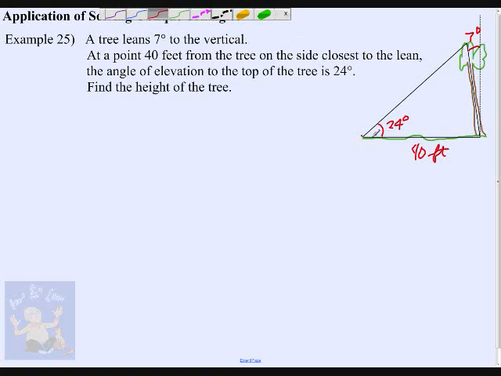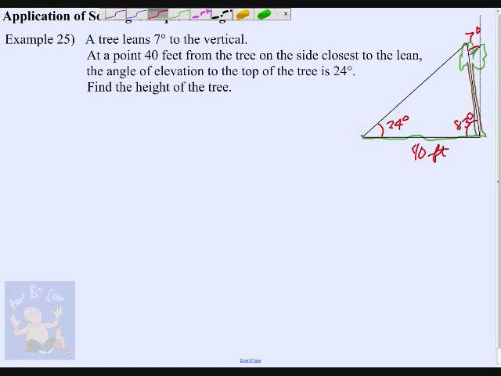So what have we got for information? We've got an angle and a side. That isn't enough. We need more. And we can actually figure out more, because if this is 7 degrees and we know this is a right angle, then this angle right here must be 83 degrees.